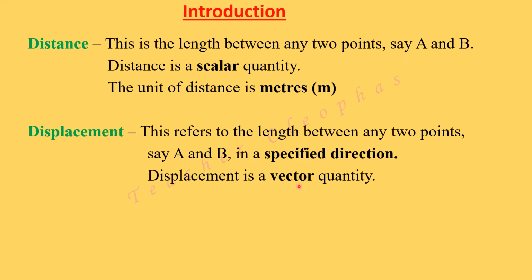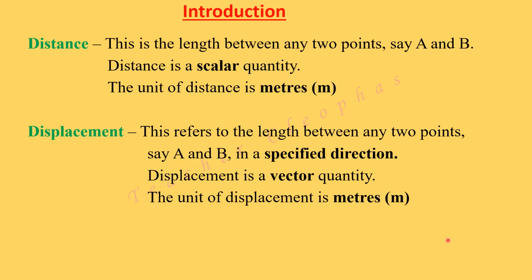A vector quantity is a quantity that has both magnitude or size and direction. If 2 towns were to be connected using a straight line and we measure the length between those 2 points, then that's what we call displacement. The SI unit of displacement is meters, which is the same as the SI unit of distance.